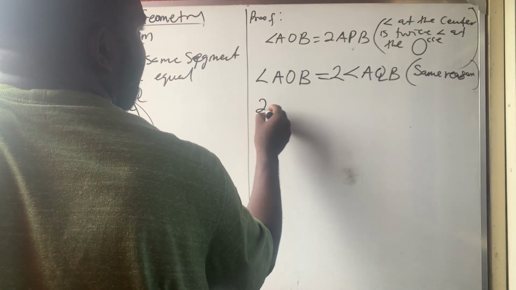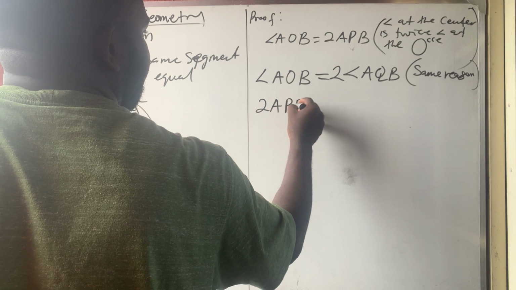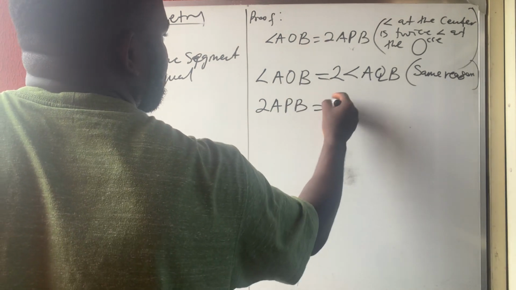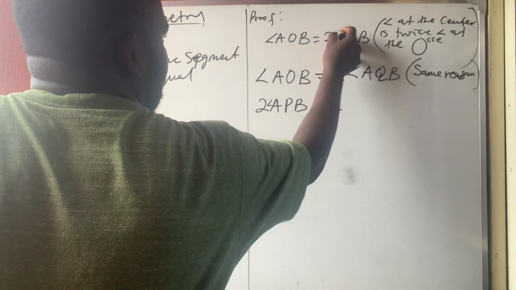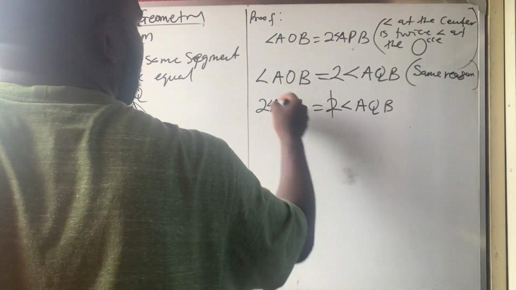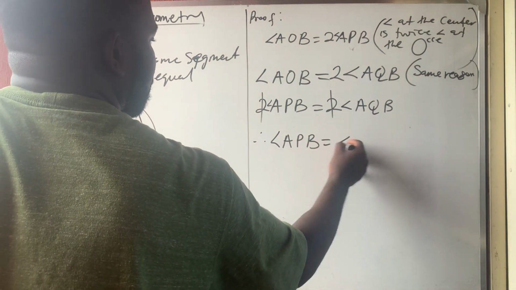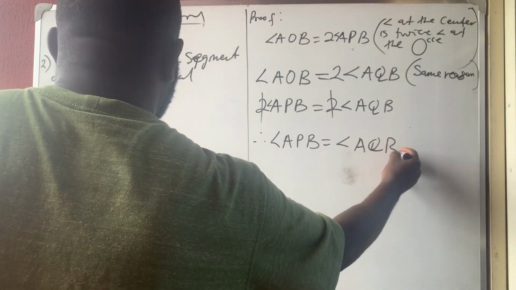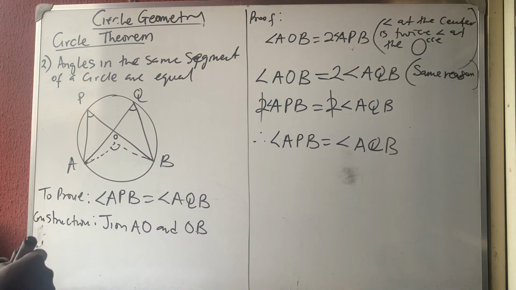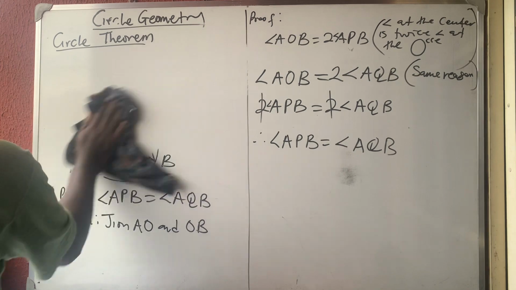Yes. So I'm putting 2 angle APB is equal to 2 angle AQB. So if 2 cancels 2, therefore angle APB is equal to angle AQB. Proved. That is what we want to prove. As simple as that. Let's go to number 3.